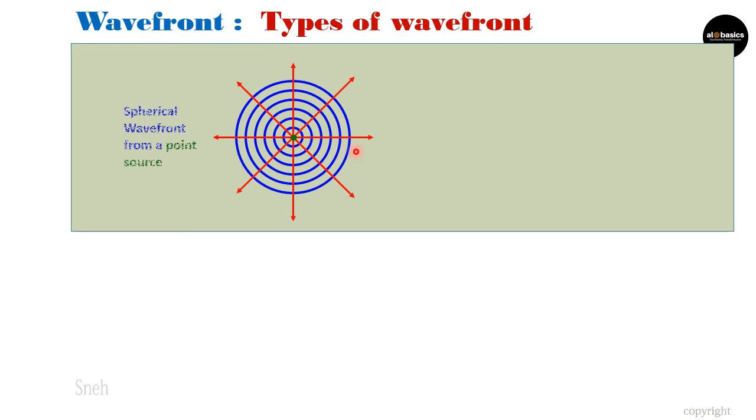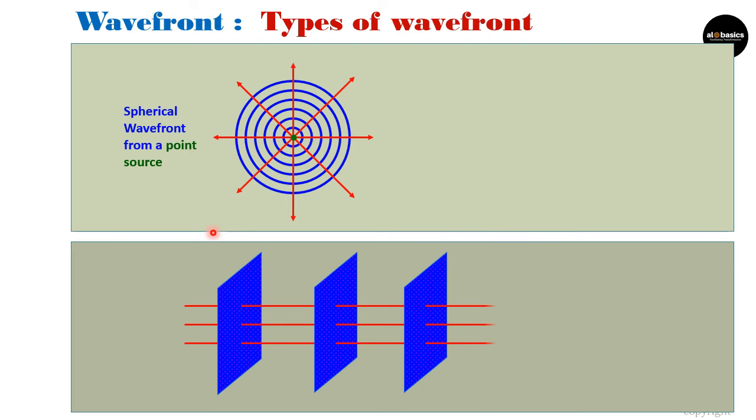As the distance goes on increasing, what will happen, that we have to see. So this spherical wavefront from a point source is in this format. As distance increases, it will become a plane wavefront, and now here you can see that these radial wave normals have become parallel.